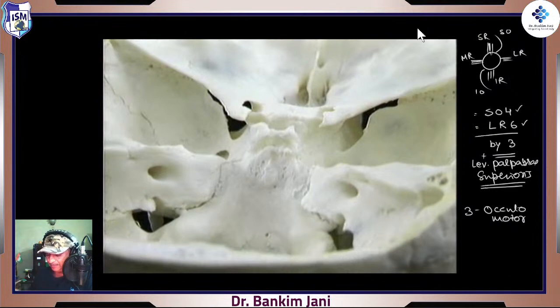All those things. So that's how it would be done. So olfactory, optic, oculomotor. This 4th is trochlear, right? 5 is trigeminal, it is not coming over here. And this is 6th, it is abducens. So 3, 4, 6 done, right?